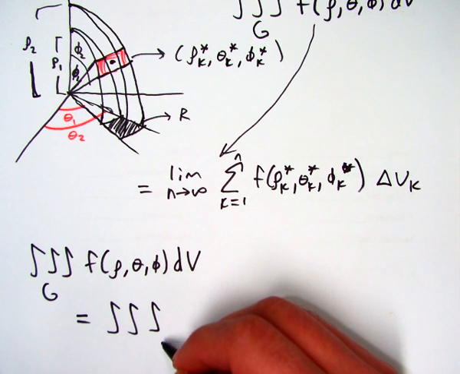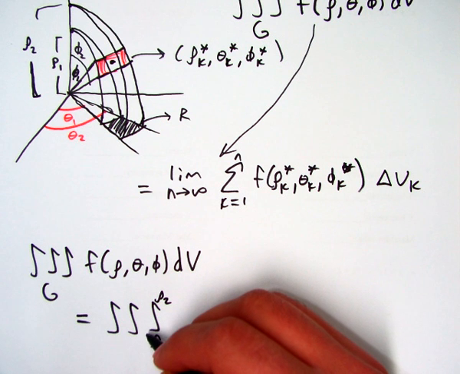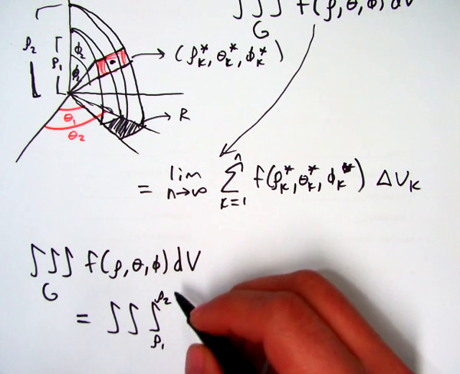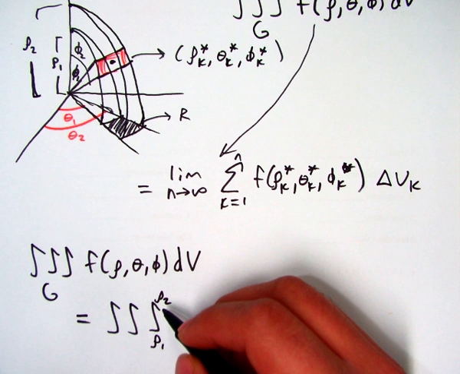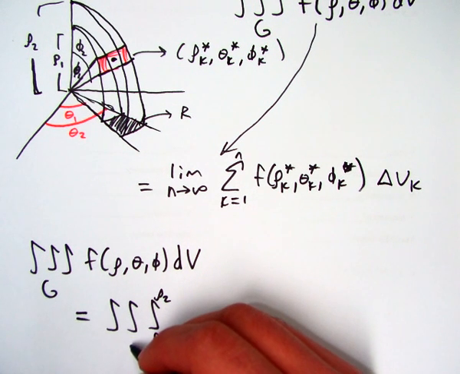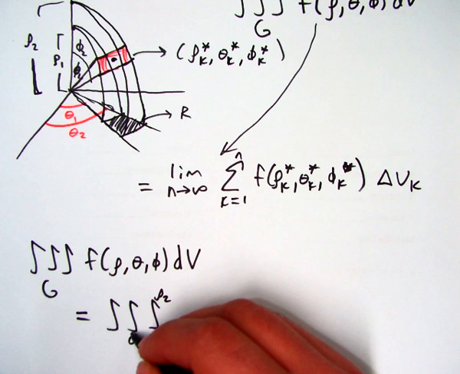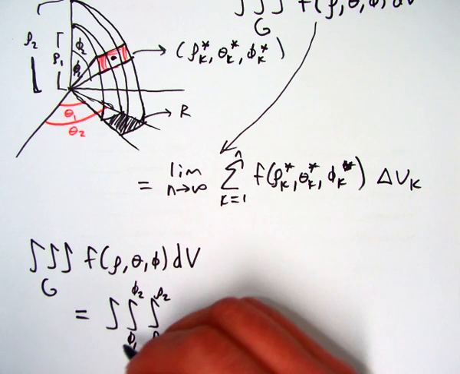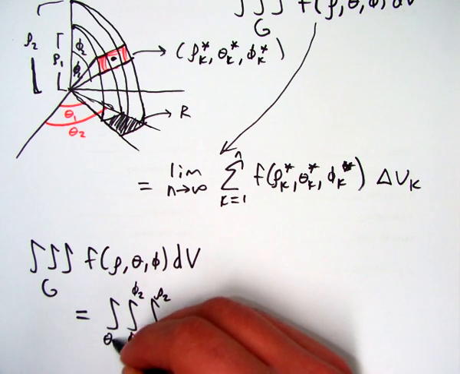So rho is from rho 1 to rho 2. Phi will be from phi 1 to phi 2. Theta will be from theta 1 to theta 2.